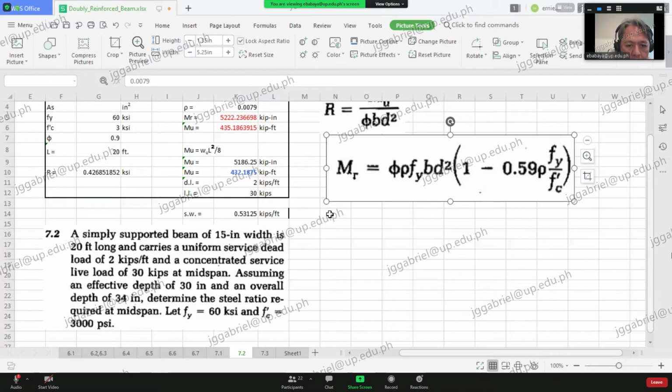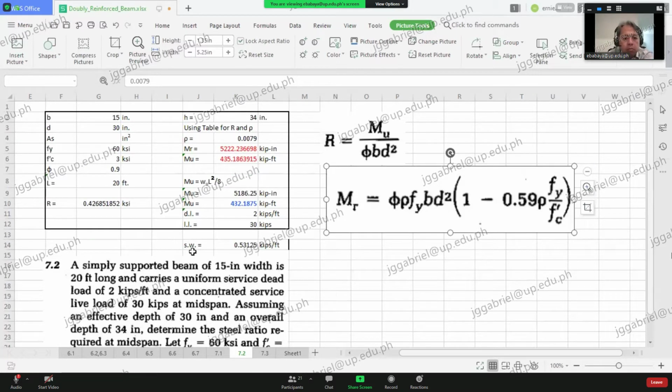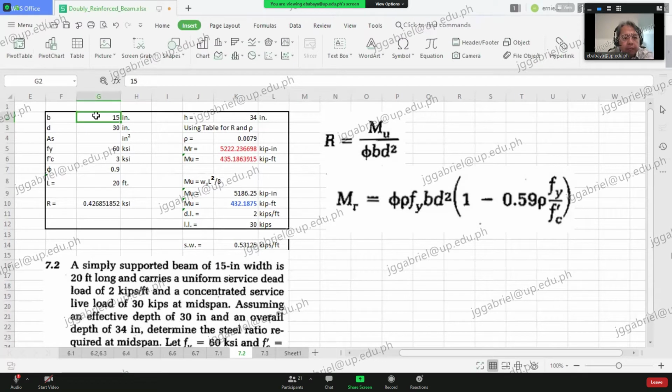So how do we do that? We have a simply supported beam 15 inches wide, so B is 15 inches. And then D is effectively given, and of course you also have H, 34 inches. Notice the difference between H and D. H is the overall height; overall means including the cover.